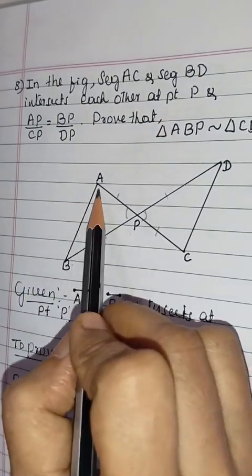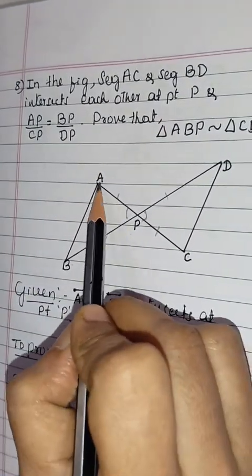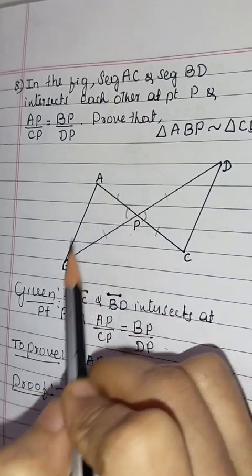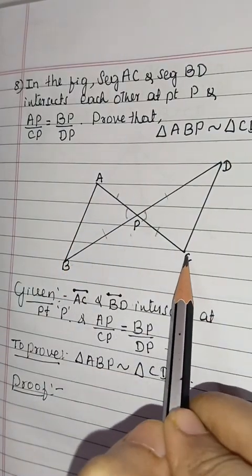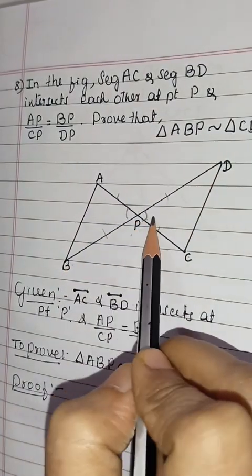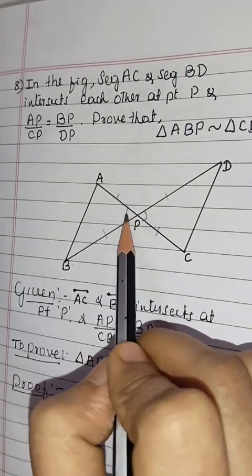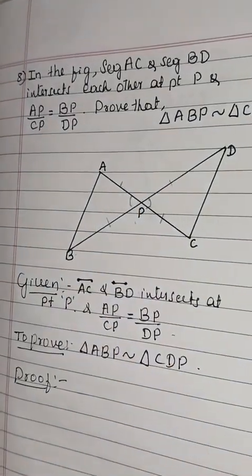Eighth question: triangle ABP and triangle CDP are similar by SAS test. That we will write as proof.